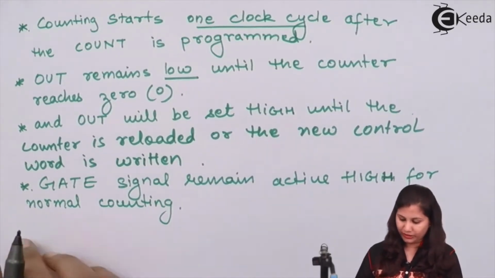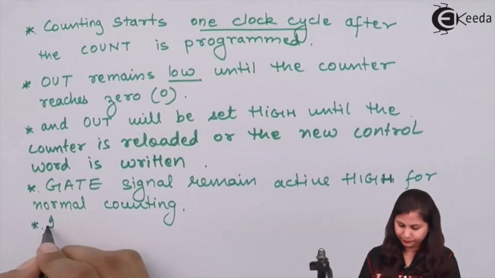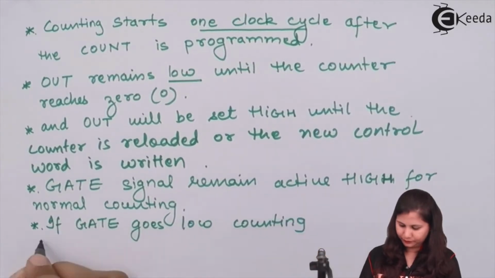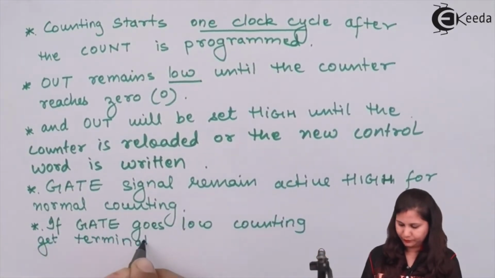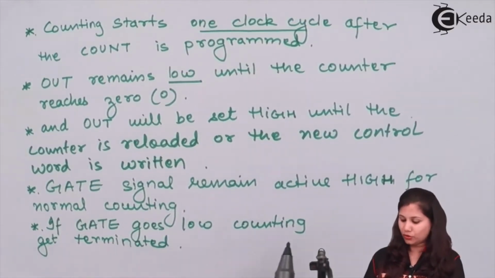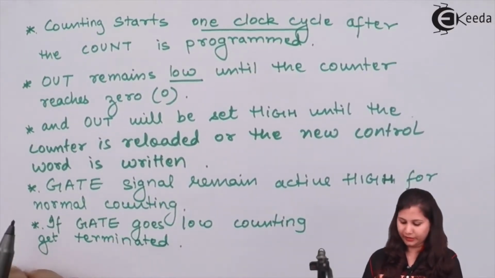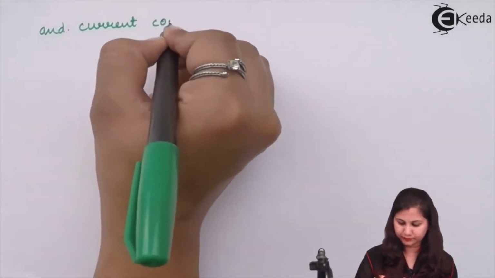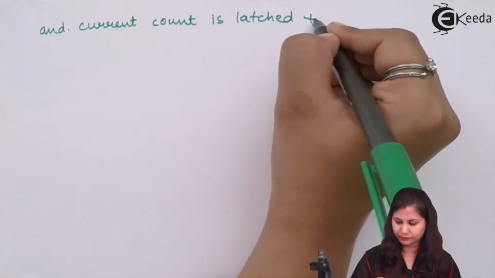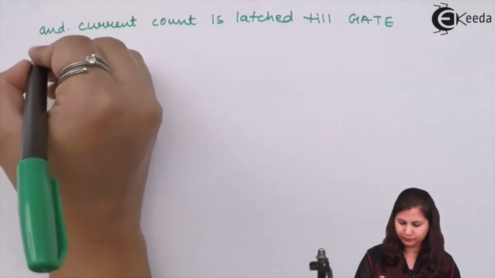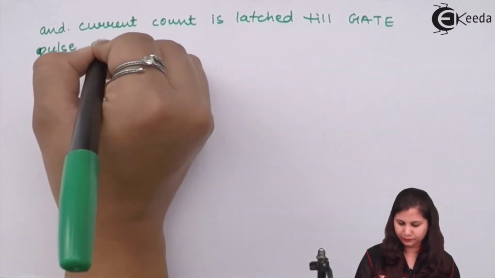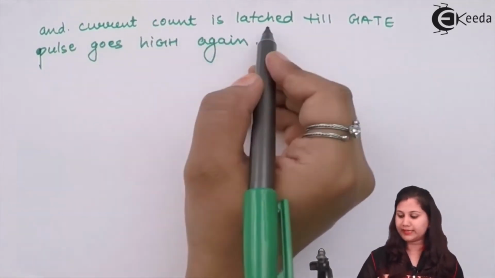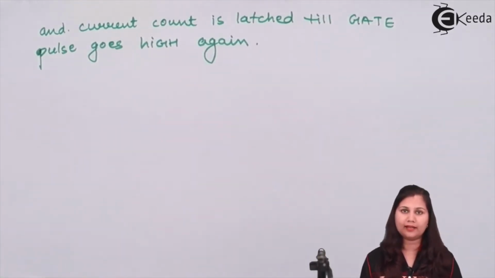So we can write here that if the gate signal goes low, then the counting gets terminated, meaning it is stopped, and the current value of the count is latched till the gate pulse goes high again.